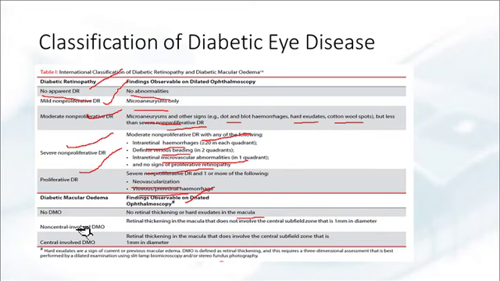When there is non-centrally involved diabetic macular edema, then you will have retinal thickening in the macula that does not involve the central subfield zone that is 1 millimeter in diameter. And where there is centrally involved diabetic macular edema, you will have retinal thickening in the macula that does involve the central subfield zone that is 1 millimeter in diameter.